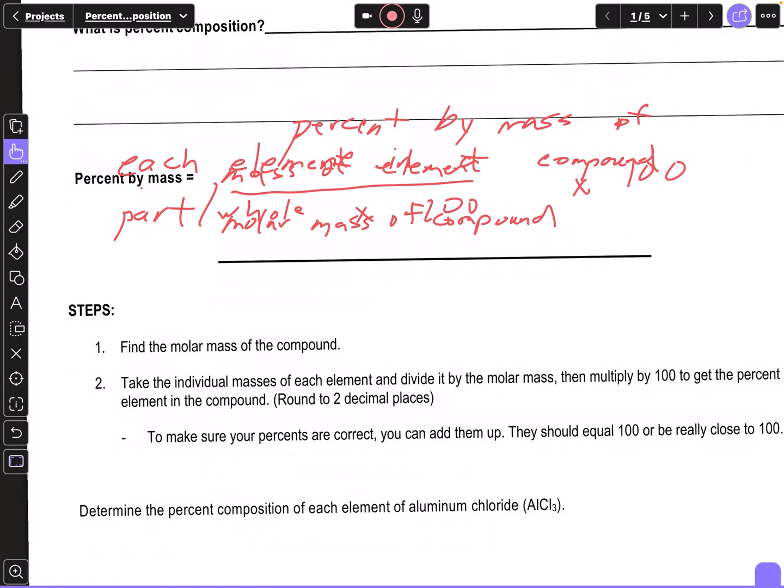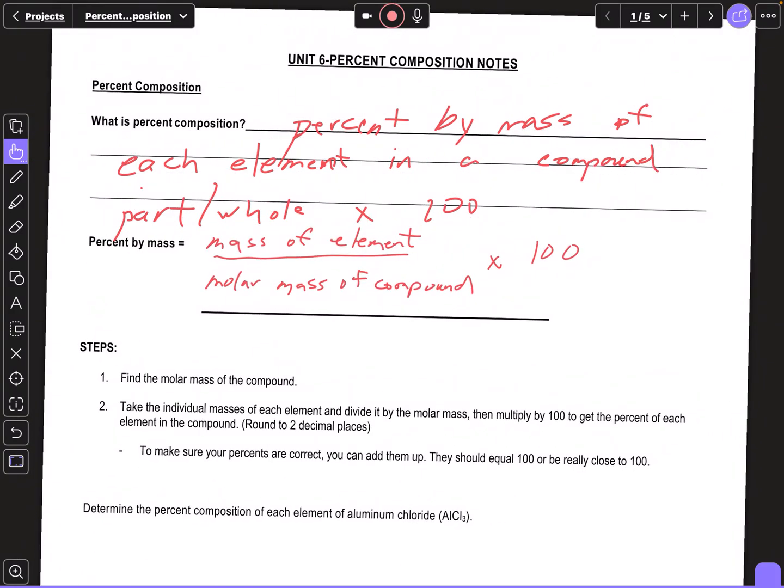It's also used for finding the percent of different things that are in the air. If you're looking at air pollution or what's making up your air quality or the percent of certain elements that's in the soil. So it's used for different things.